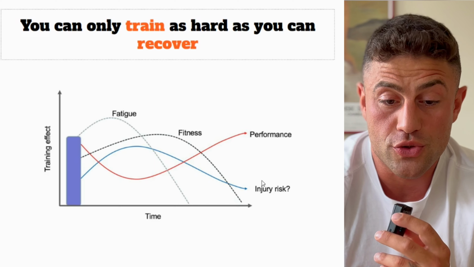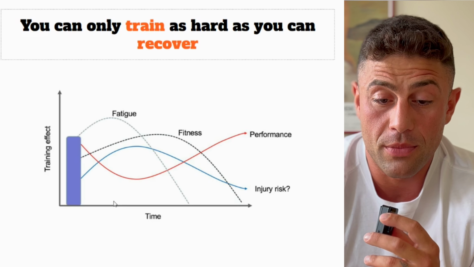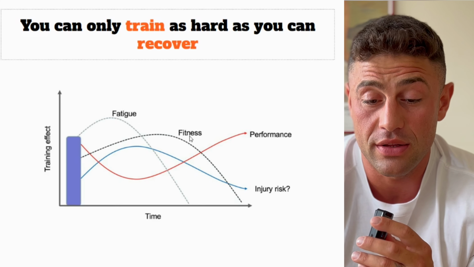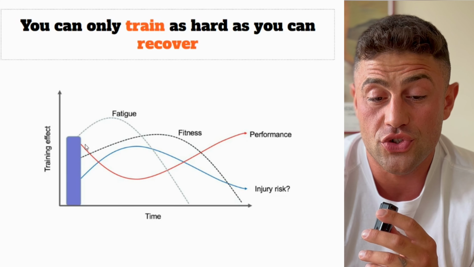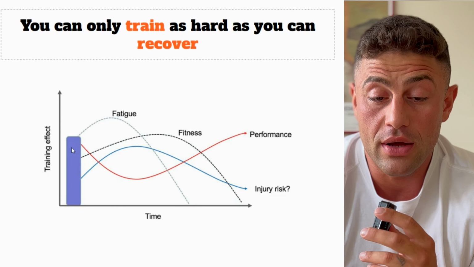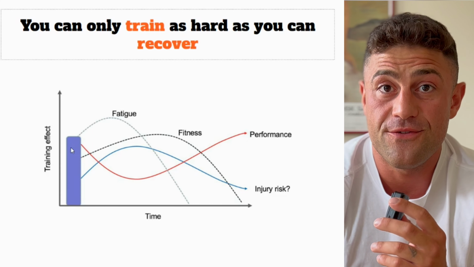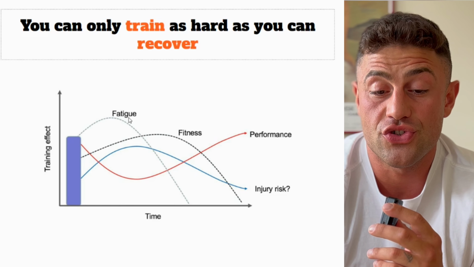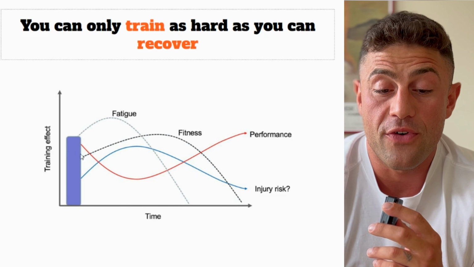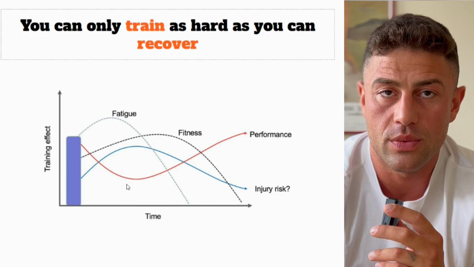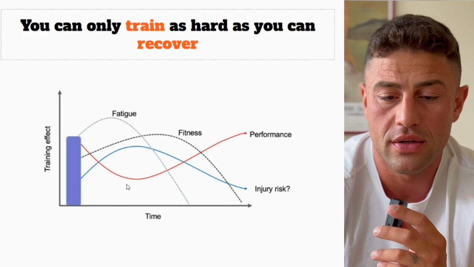If we go back to sports science, one of the very common models that is used is the fitness-fatigue model. The fitness-fatigue model kind of shows how whenever we are going through a workout or a phase of training, we're going to build up some fatigue. And as a result, our performance is going to drop because we are literally tired, right? We can't perform as well when we are tired.